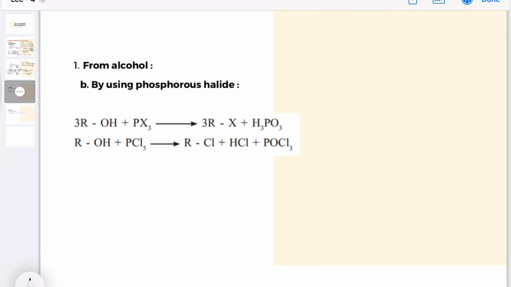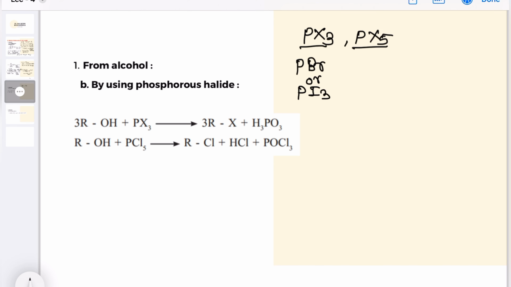Okay, then next is B point, from alcohols, that is by using phosphorus halide. Alkyl halides may be prepared by the action of phosphorus halide. Phosphorus halides are always phosphorus trihalide or phosphorus pentahalide, okay, PX3 and PX5. In this process, phosphorus tribromide or phosphorus triiodide, that is PBr3 or PI3, are usually generated in situ.